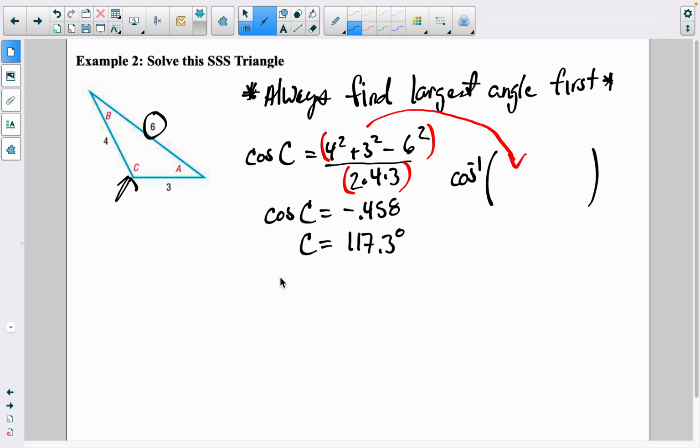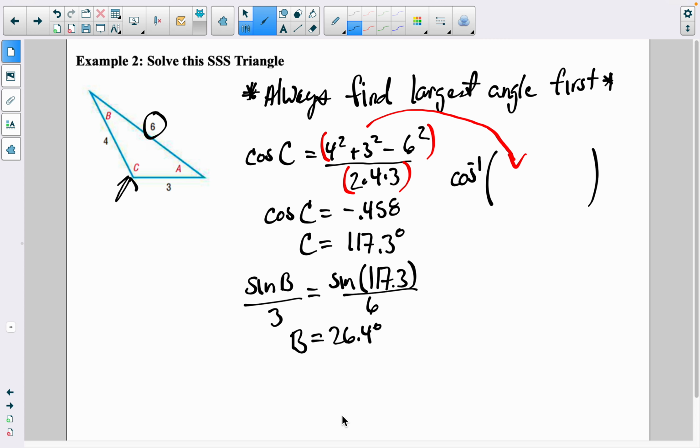I'm going to use law of sines to find angle B. So sine B over 3 is equal to sine of the angle I just found all over its opposite length, so 6. And then solving for B, we should get 26.4 degrees.